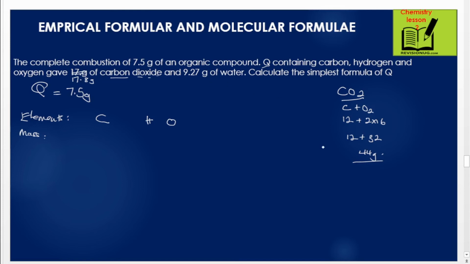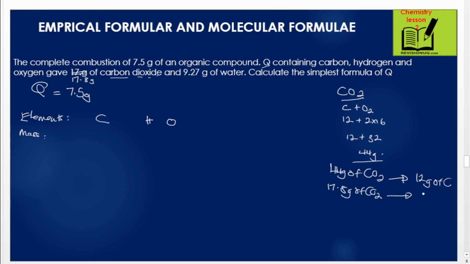But here the carbon dioxide which was produced was only 17.8 grams. Then how much carbon was there? Now, 17.8 grams of carbon dioxide was produced.